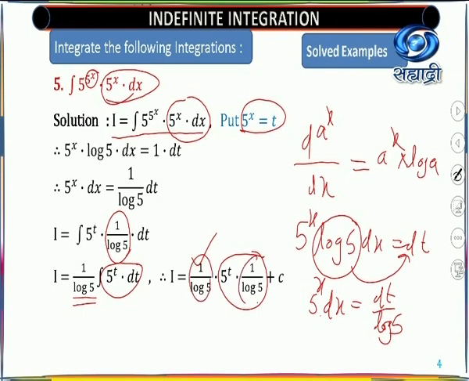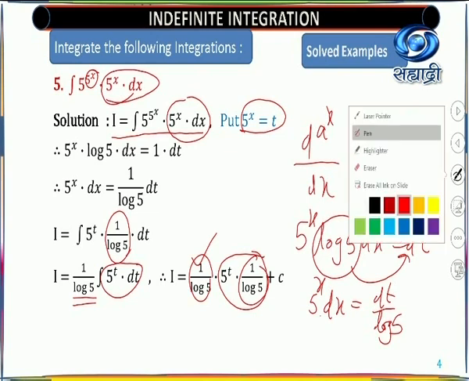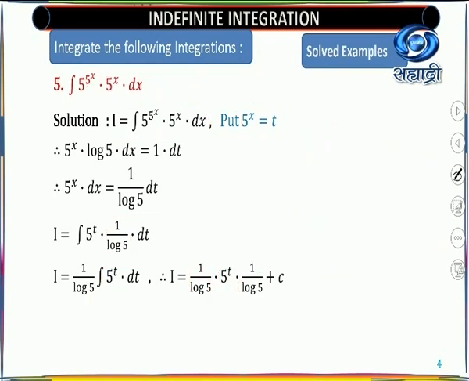Now these two terms are there, so you are able to write it as a square. So what will be our next step? The next step is that we'll combine this result. The combined result says that these two are nothing but the square, so 1 upon log 5 whole square, and resubstitute the value of t. You will get 5 raised to 5 raised to x plus constant of integration.